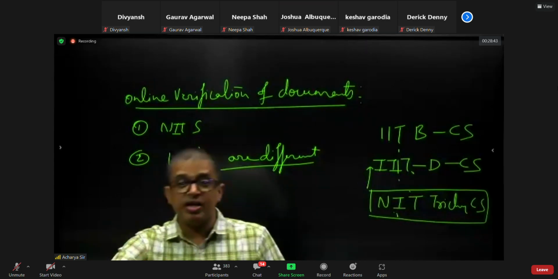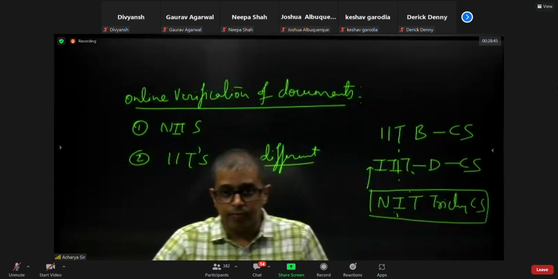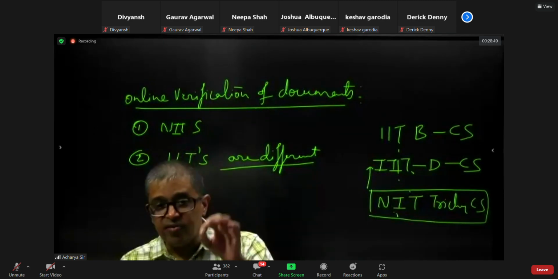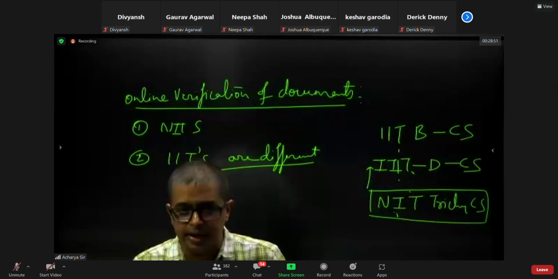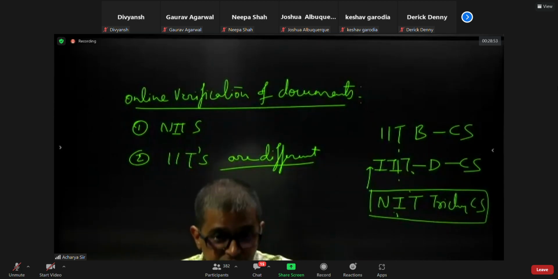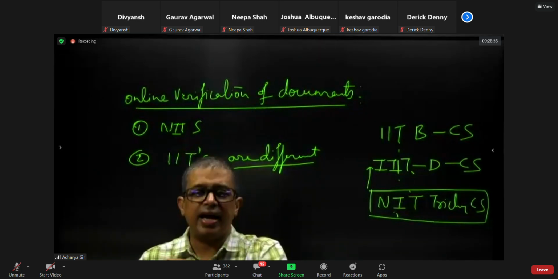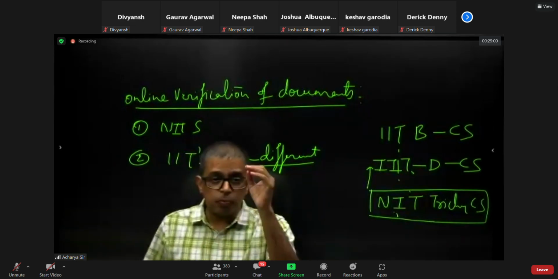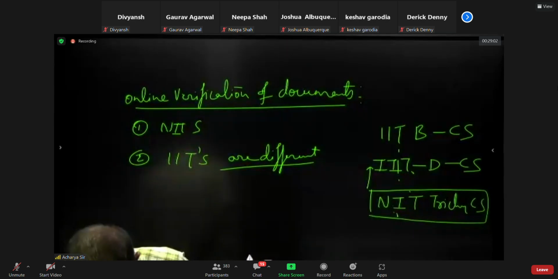Why? They gave a reason also for that. They say, in this case, your verification of the documents will be done only when you pay the acceptance fee. Hence, please pay the acceptance fee at the earliest.